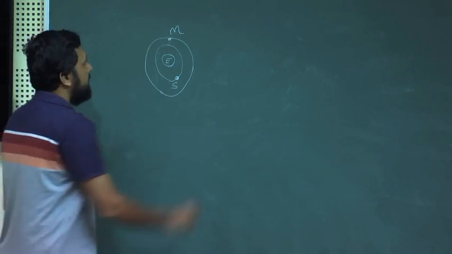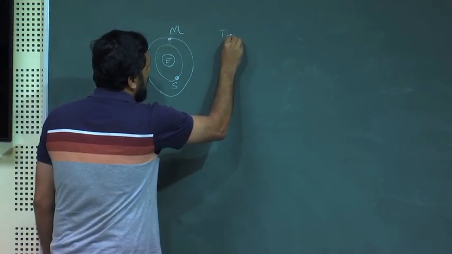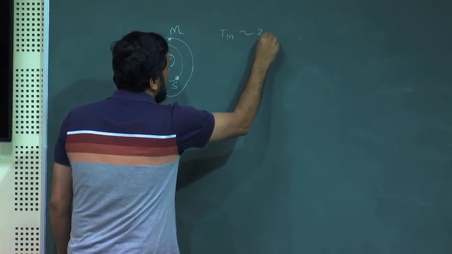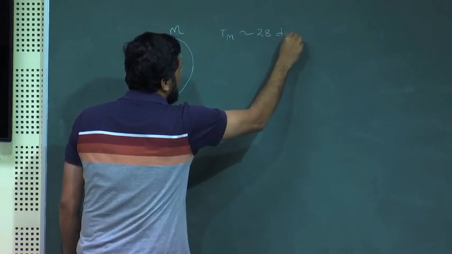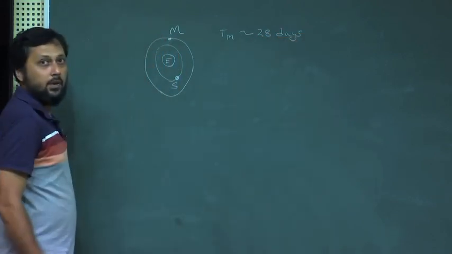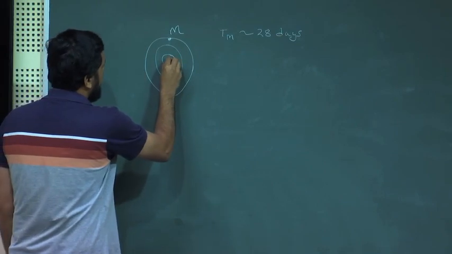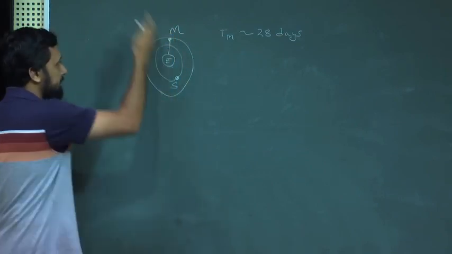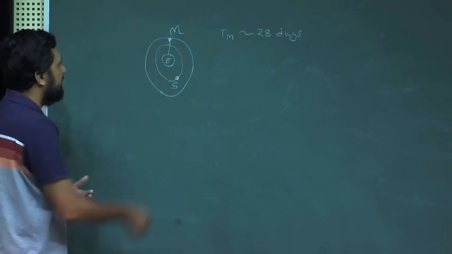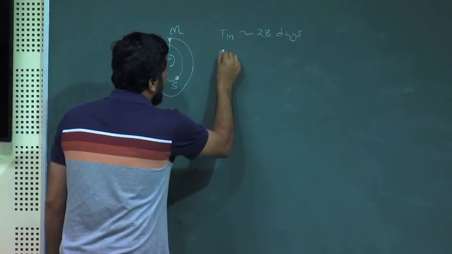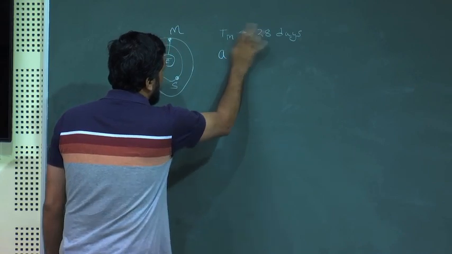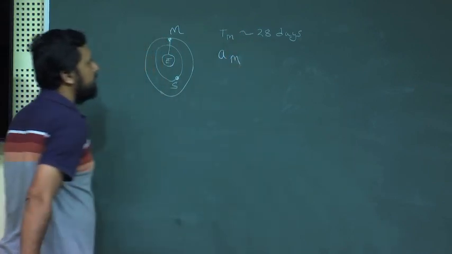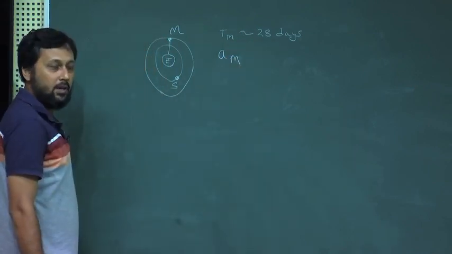We know that the time period of the Moon is roughly 28 days, and we know the Earth to Moon distance, so in principle, we know the semi-major axis for the Moon's orbit.